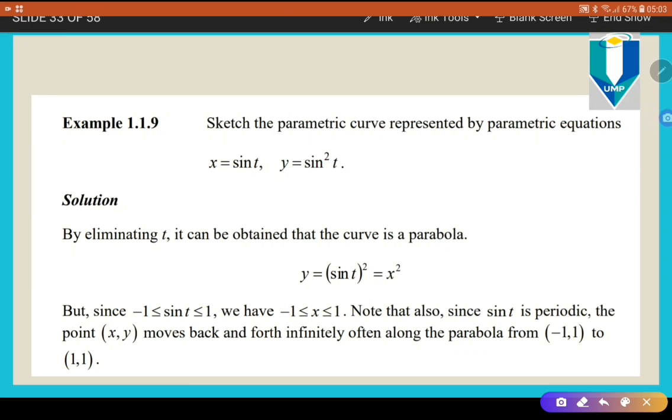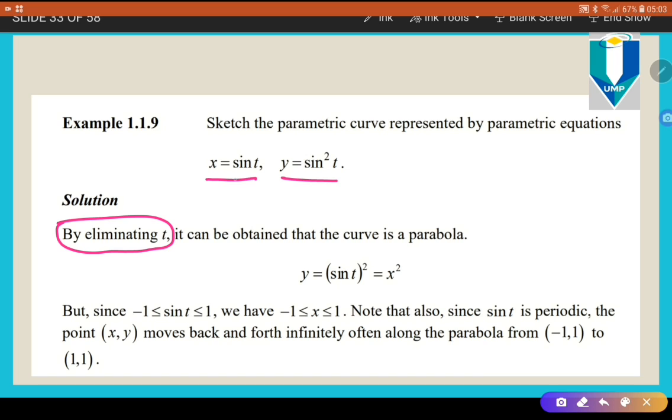Now for example 1.1.8, I'll show in class. In this video, I'll show you example 1.1.9. Now suppose we need to sketch the parametric curve represented by this parametric equation, x equivalent to sine t and y equivalent to sine squared t. So we use the second method. Let's say we eliminate the variable t.